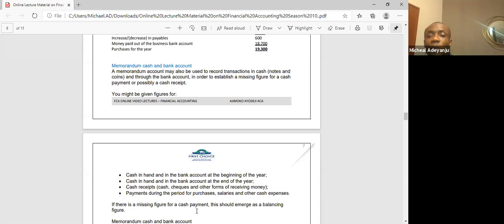And in order to establish a missing figure for a cash payment and possibly a cash receipt, you might be given figures for cash in hand and in the bank account for the beginning of the year.